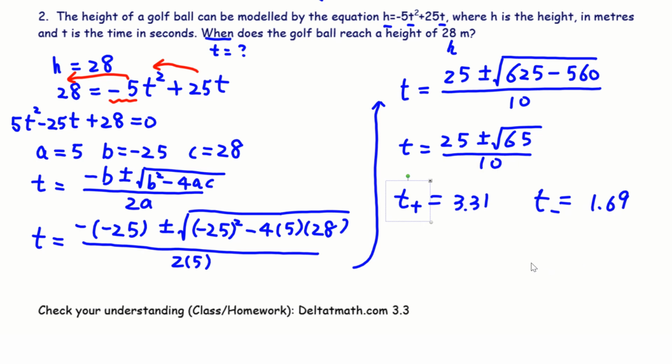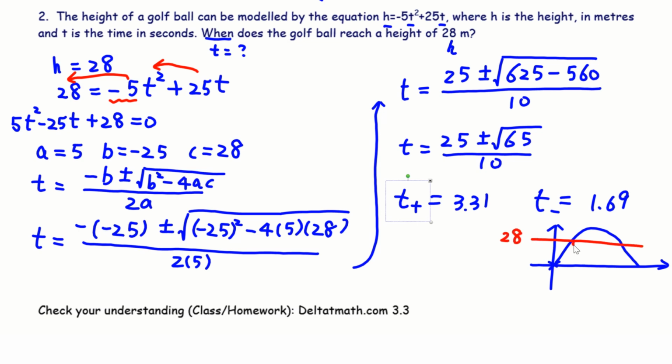So it means the starting point is 0 because the c value is 0, so it goes up, then comes back to the ground. 28 meters is here.